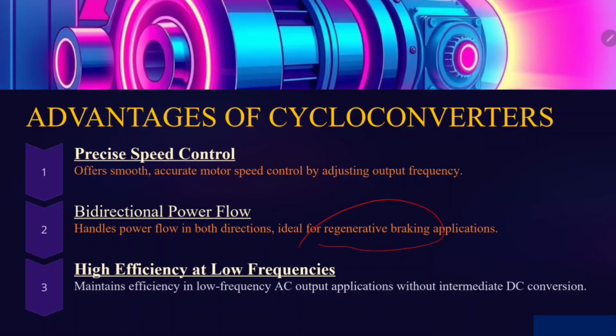Then high efficiency at low frequencies: it maintains efficiency in low frequency AC applications without intermediate DC conversion. If we keep a DC link, we need more devices, so by reducing devices we increase the efficiency of the converter.